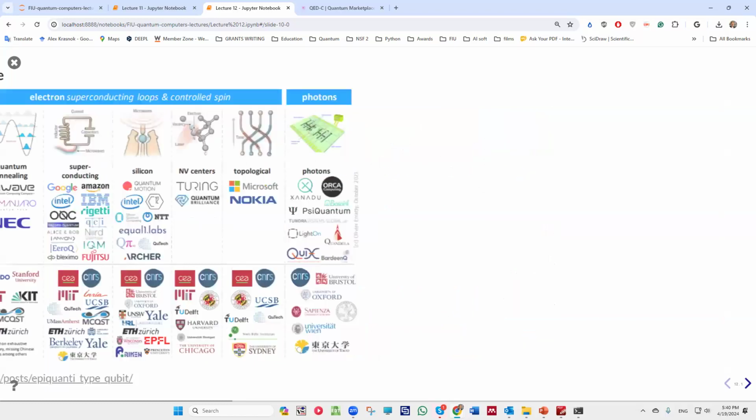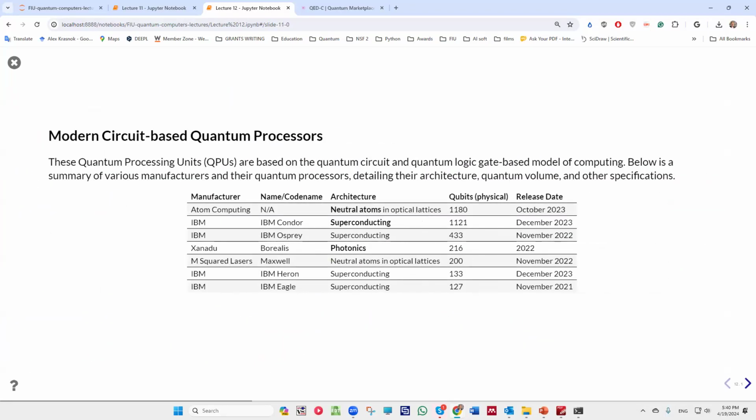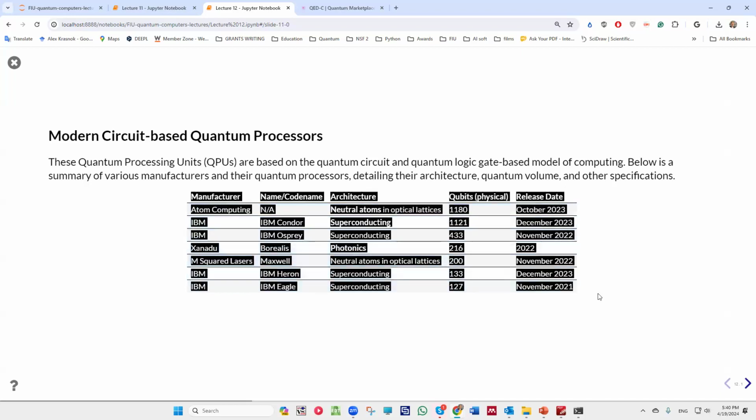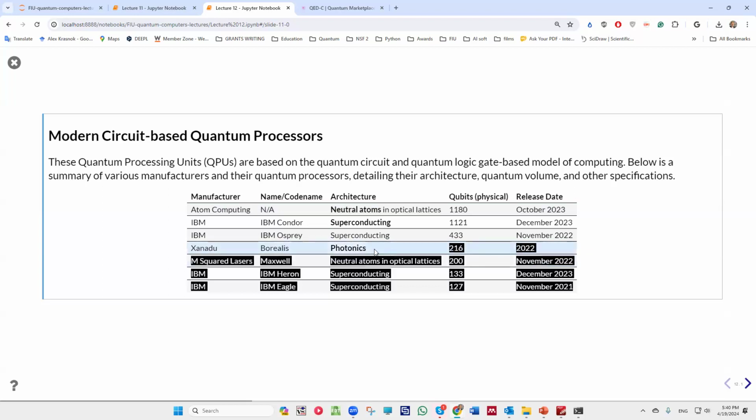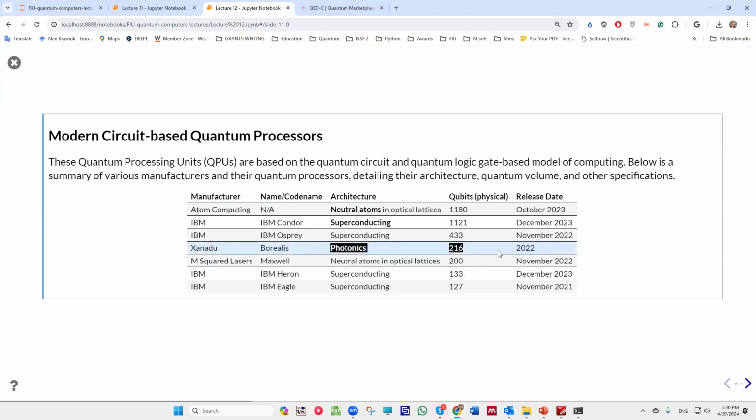Alrighty. Here I put this table of the state-of-the-art quantum computers today. And last time we discussed photonics, because I believe photonics is very easy to grasp. It's as simple as a photon going to the left or up, right?